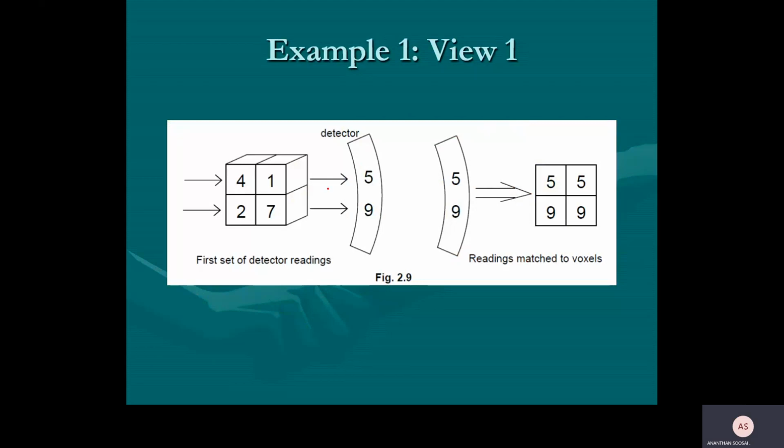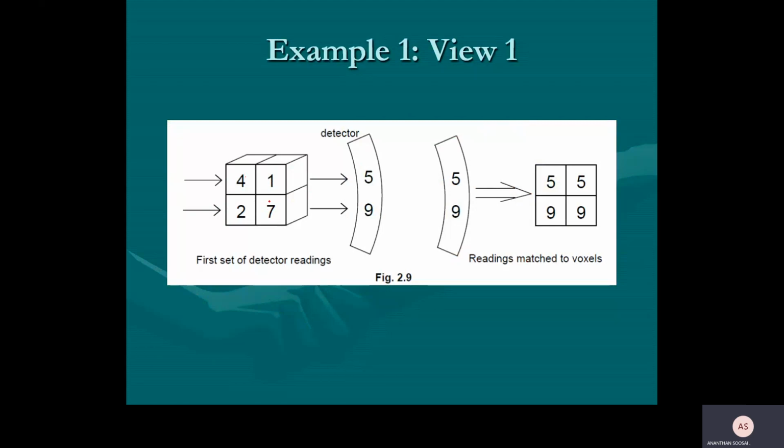Imagine this is the body, divided into 4 voxels by the computer. The X-ray is shined horizontally, and we can see the amount of intensity absorbed by the medium.